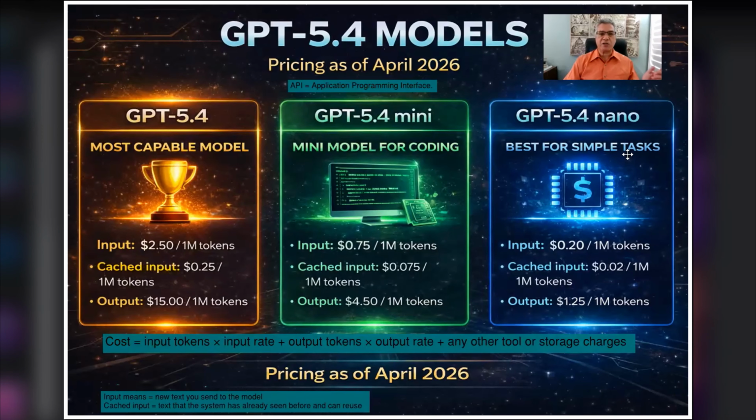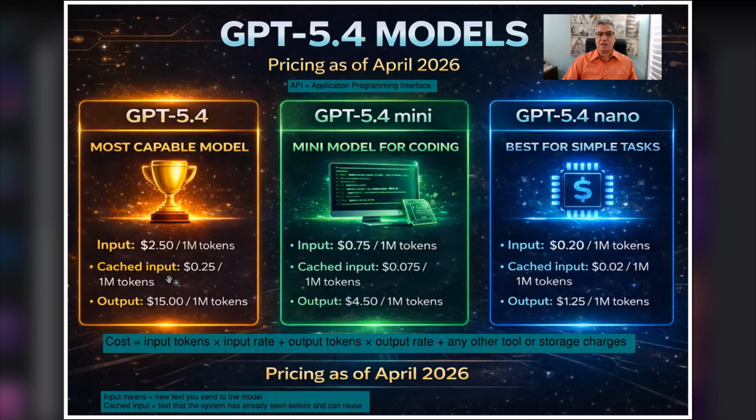We also talked about GPT 5.4 when it comes to the API, or application programming interface, and we said the cost for the input is 2.5 per 1 million tokens, and the cached input 0.25 per 1 million tokens. And we said that cached input is information you already used in the model but are going to reuse again, and that's called cached input.